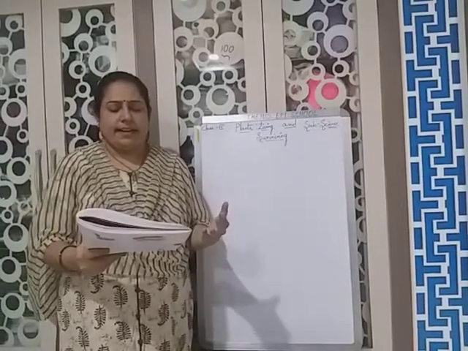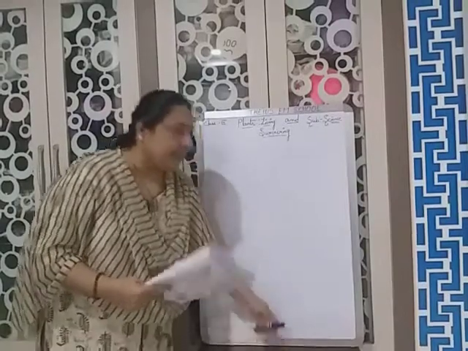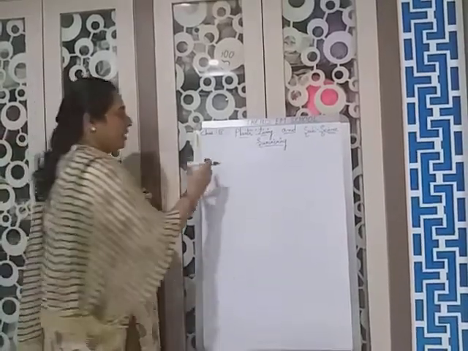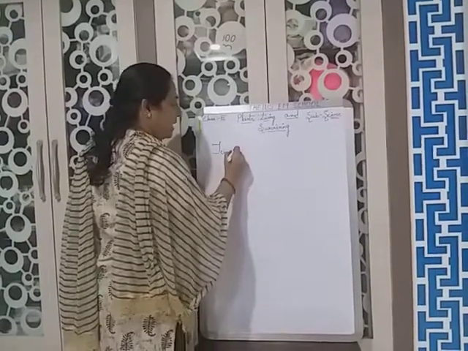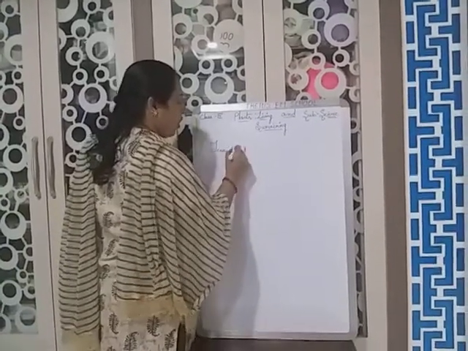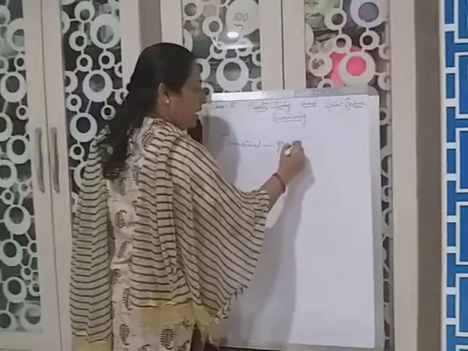So let us read some of them. Terrestrial plants. What are terrestrial plants, children? Terrestrial plants are plants which grow on land.